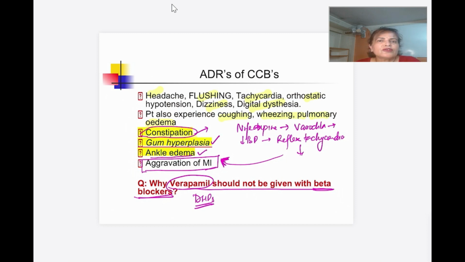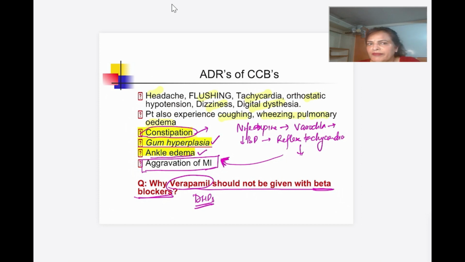So here are the important questions. Why verapamil should not be given with a beta blocker, which I have already told. Then the role of beta blocker in angina, where we use it prophylactically. Then for calcium channel blocker, you may get a main question: classification of the calcium channel blocker, its therapeutic uses and adverse effects. Then the role of calcium channel blocker in angina, so you have to write the mechanism of action.